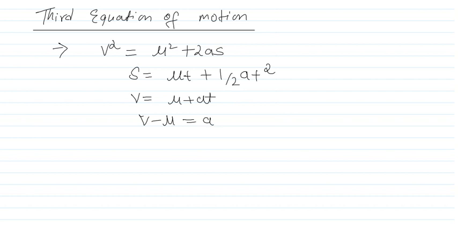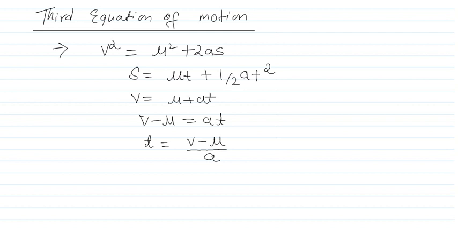We just moved u to the left hand side from the right hand side. Now this t will be v minus u upon a. We just moved a from this side to this side.